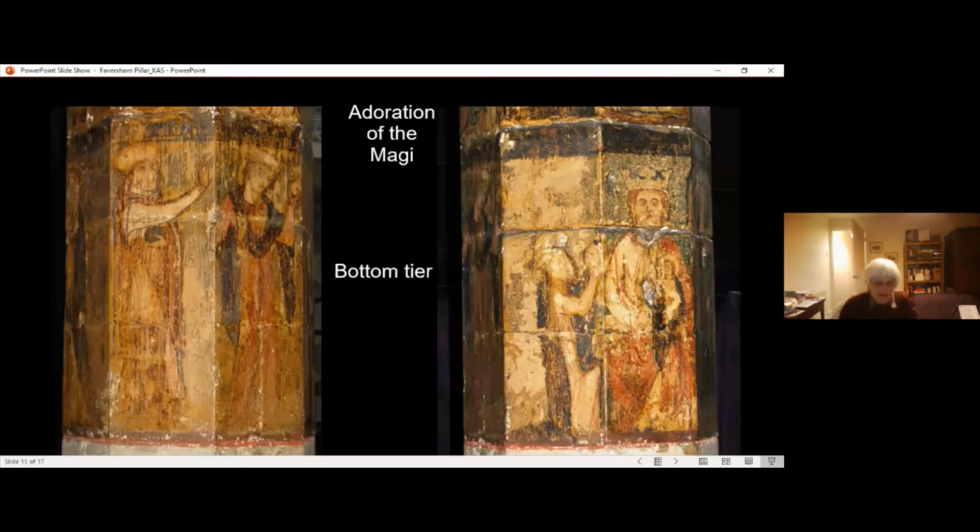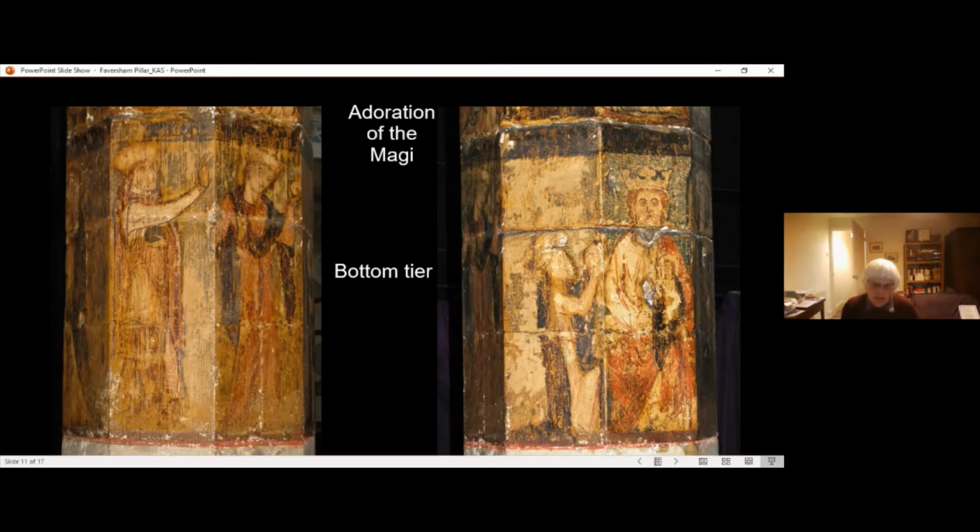Now, this is a 4-panel scene. It's the longest in the Nativity tiers. And it finishes with Mary, as you can see here. And we have Mary and we have Christ. And as we've already seen, she's on the west facing of the bottom tier.